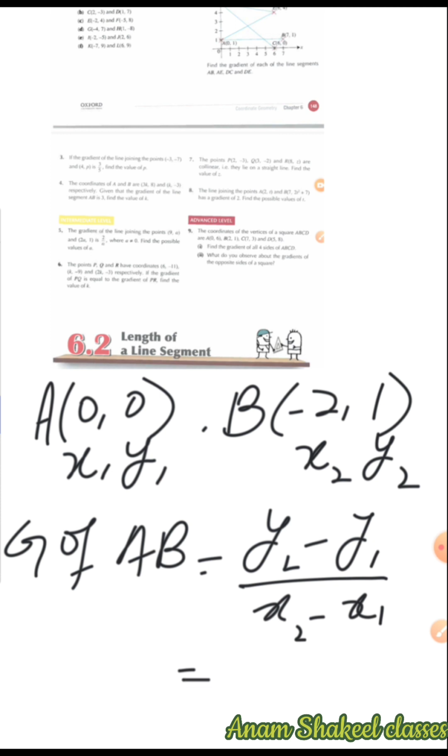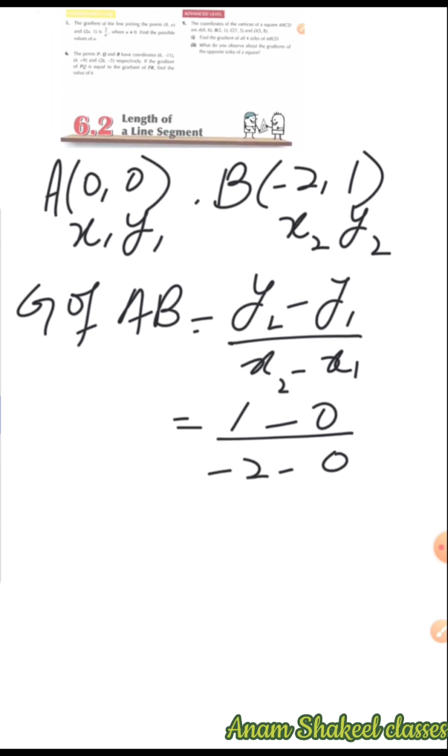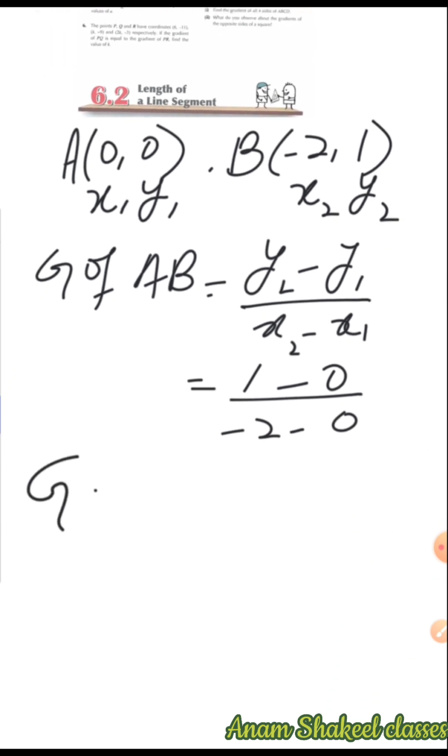Just put the values. y2 is 1 and y1 is 0, so 1 minus 0 over -2 minus 0. So the gradient of AB will be -1/2.